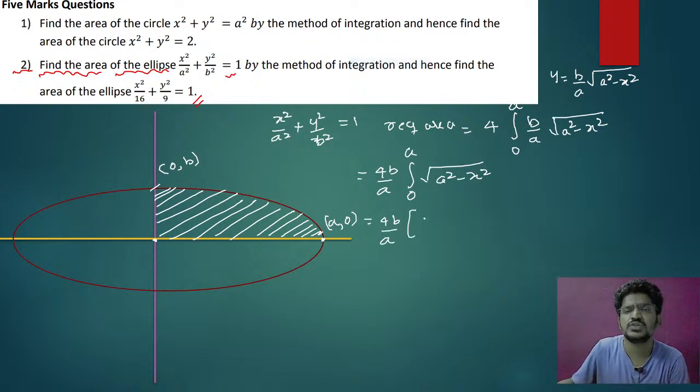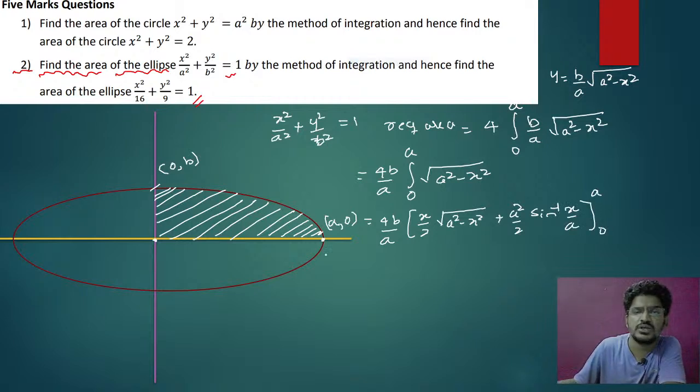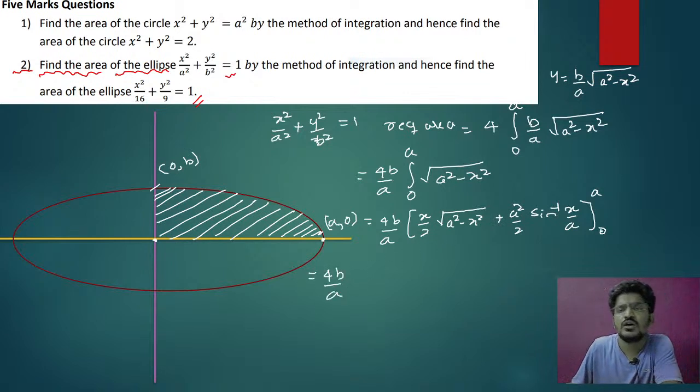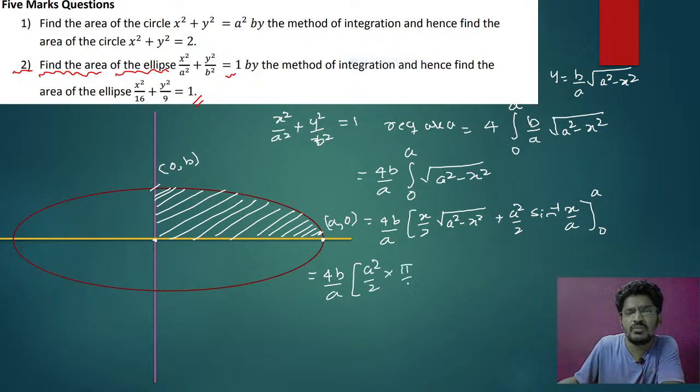4b by a, and this is going to be x by 2 root of a square minus x square plus a square by 2 sine inverse of x by a, from 0 to a. Already you have solved this, so you can do it fast. 4b by a, lower limit forget it, upper limit this term becomes 0, multiplied with, here you are going to get a square by 2, sine inverse of 1 is pi by 2.